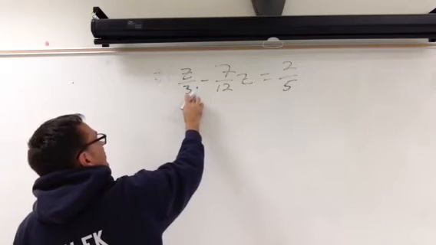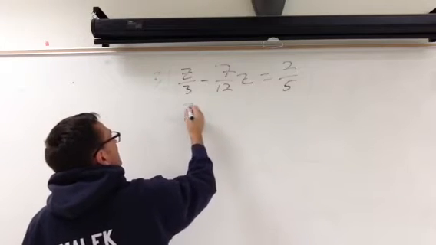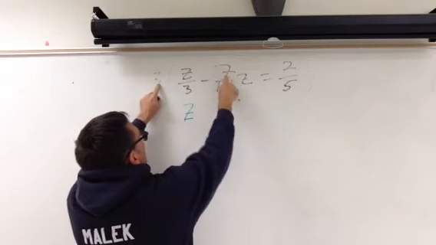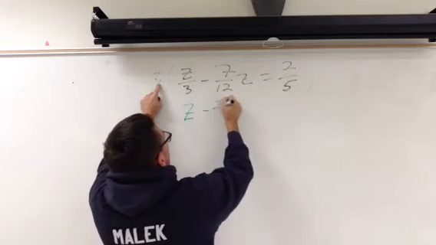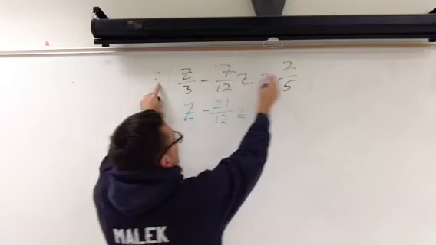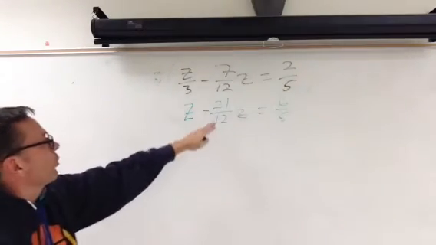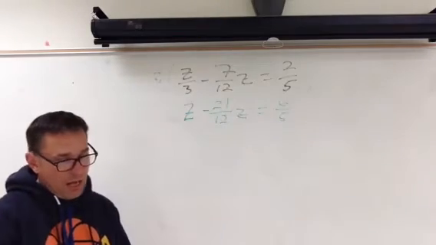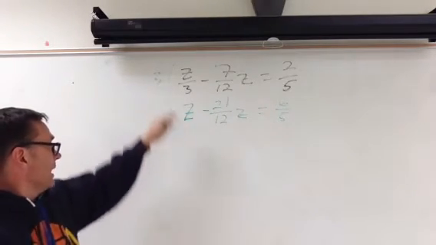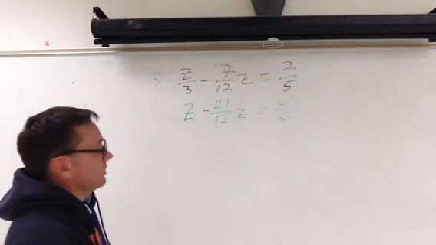These will now cancel, and I'm left with a z. And I'm going to do this multiple times. 3 times negative 7/12 could be negative 21/12 z. And then 3 times 2/5 is 6/5. I'm not going to worry about reducing anything right now. I'll worry about that later. I'm just multiplying this number by the numerators up here and leaving the denominators.